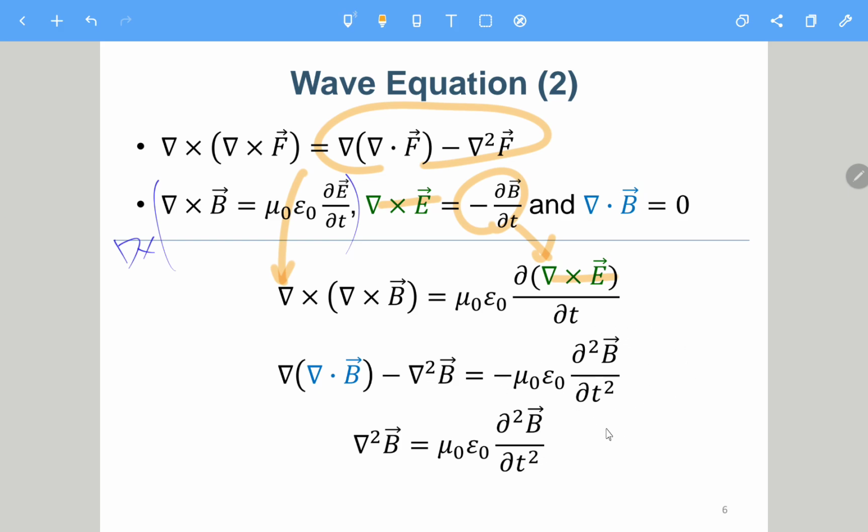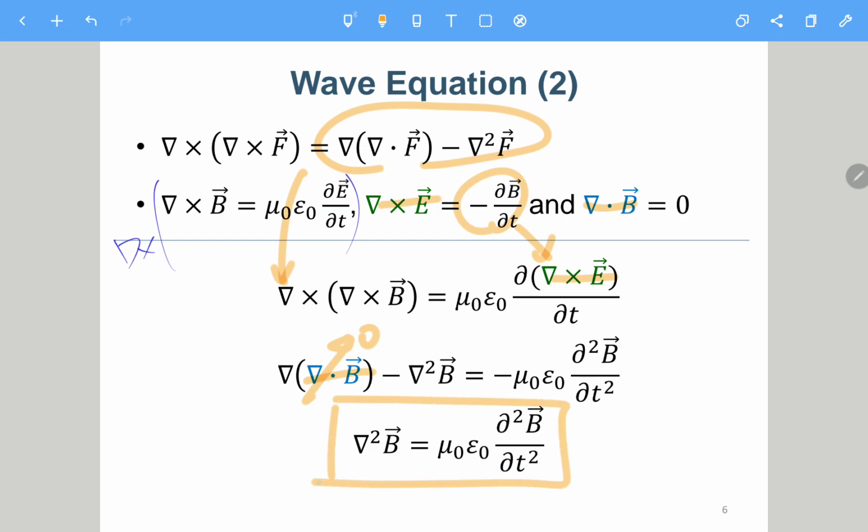And then similarly, for this one we can use the Gauss law for the magnetic field. So this one turns out to be 0, and then we also multiply -1 on both sides. So finally we have the Laplacian of B equals mu naught epsilon naught times the second derivative of B with respect to time.